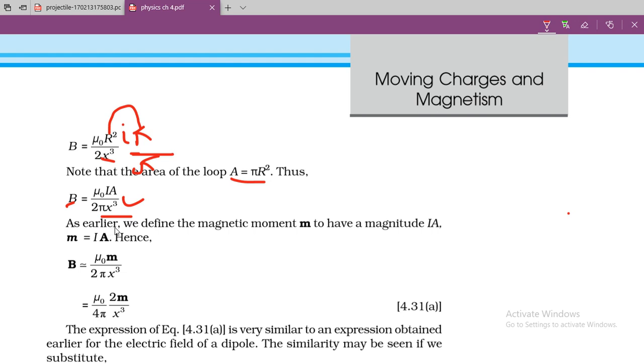As earlier, we defined the magnetic moment M to have a magnitude I A. Since the magnetic moment of a current carrying loop is defined as M is equal to I into A, hence we can replace this I into A by M in this equation, and we will get B is equal to mu naught M upon 2 pi x cube.